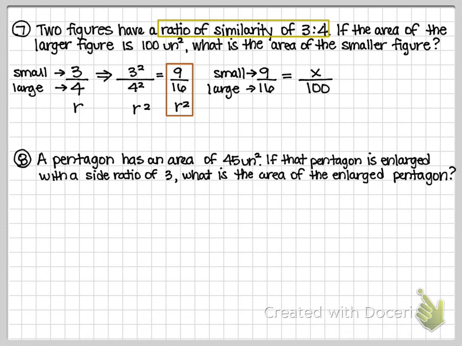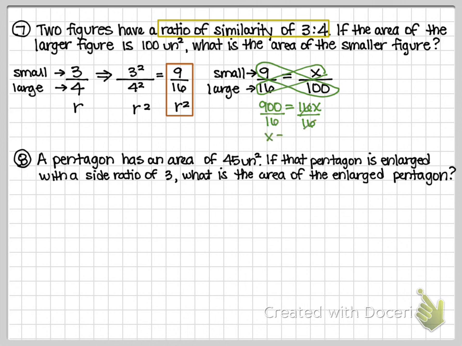So I'm now going to solve this. Remember, go back to stuff that we have done previously. In order to solve this, you might want to cross multiply. So we get 9 times 100. That's going to give us 900 is equal to 16 times x, which is 16x. We'll go ahead and solve. Let's divide by 16. Those simplify.